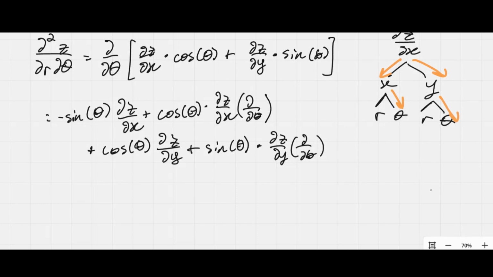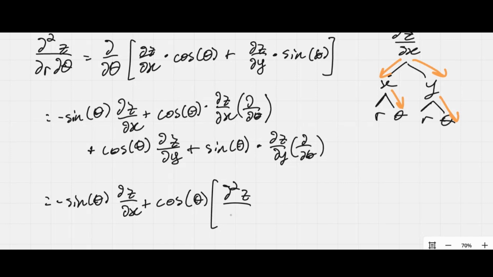What we first need to do is leave these expressions the same. The negative sine theta multiplied by del z del x remains the same. The cosine theta expression is what's going to be changing over here. That's going to be the second order partial derivative of z with respect to x squared, multiplied by the partial of x with respect to theta.